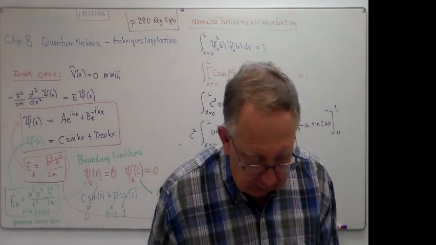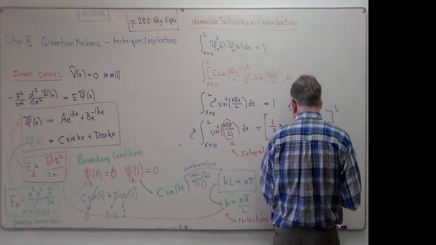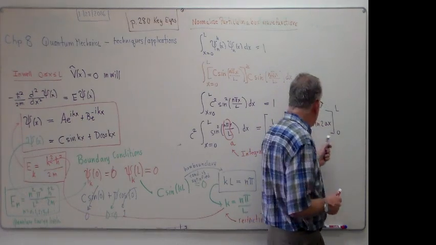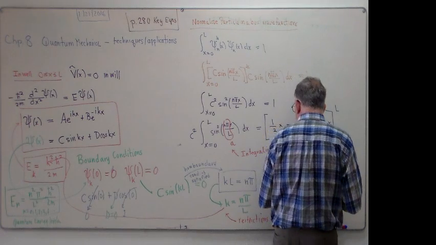Now, immediately, we can see that the 0 limit is going to go away because the x term will go away and sine of 0 is 0. So if we can evaluate the L limit, we've got it.